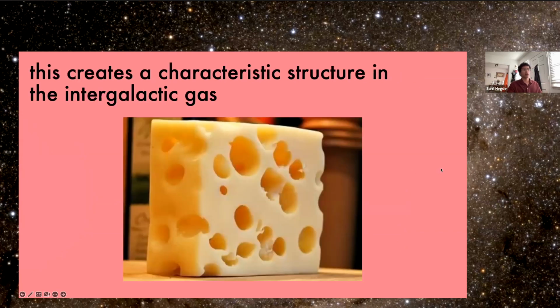Then the star does this all around itself, and it creates a little bubble, and it basically makes the hydrogen gas all through the universe look like Swiss cheese. It creates these little bubbles of gas everywhere. And so we can actually study that structure. We can study the Swiss cheese structure of hydrogen in the universe by looking for what the neutral hydrogen looks like all the way back in the early universe.